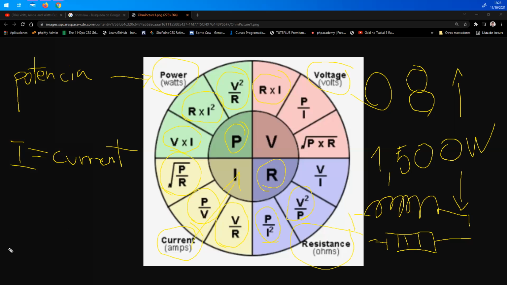So for me, something that is pretty easy to remember is: voltage is the resistance multiplied by the current. So that's like the easiest form for me. Esa es la manera más fácil de la que yo recuerdo siempre la ley de Ohm. Right? Voltaje es proporcional a la resistencia por la intensidad.